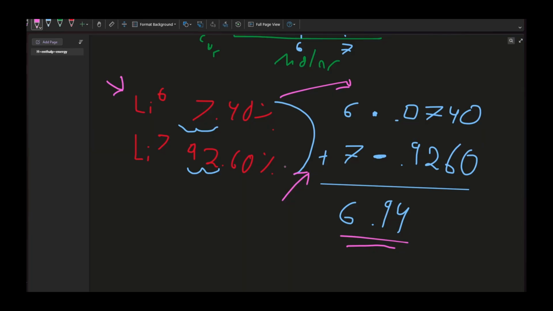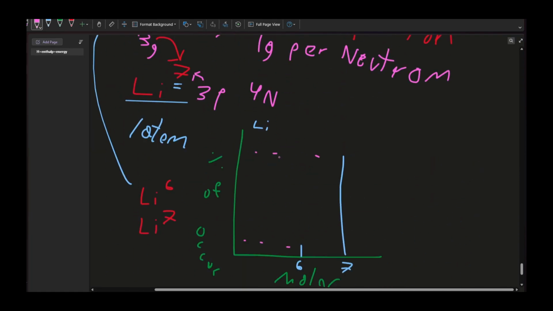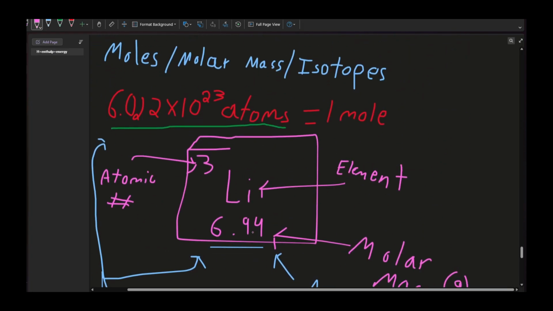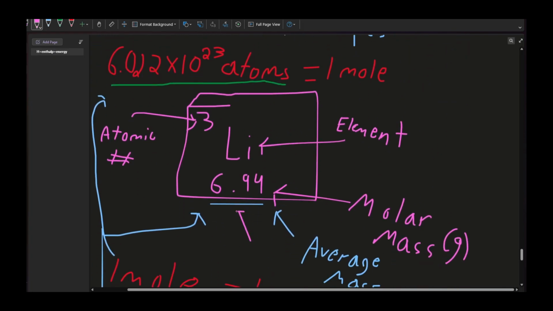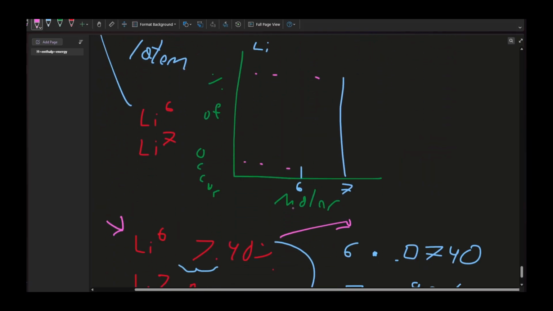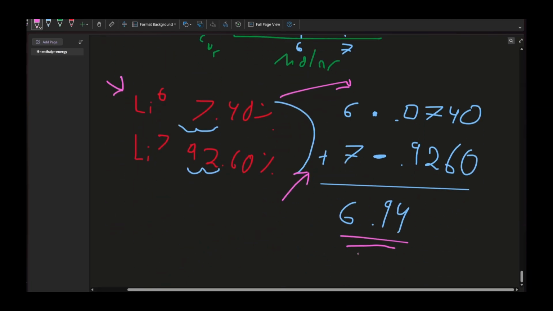They want to know that you know where it's derived from and how you get it. They want to make sure you understand that in practice, it's not just lithium floating around with this mass. It's different isotopes of lithium floating around with different masses, but because we live in such a large world compared to how small atoms are, we can use the real average, which is the molar mass.